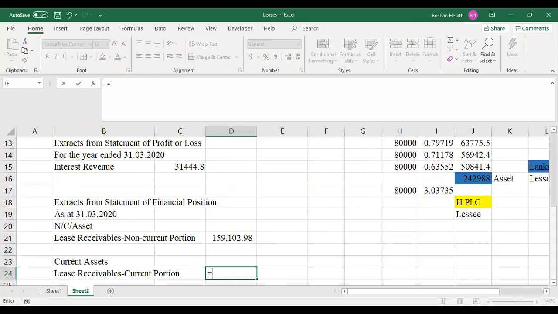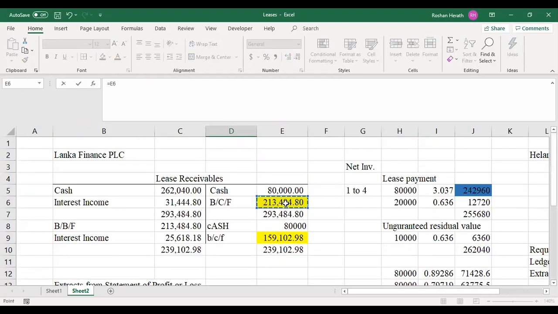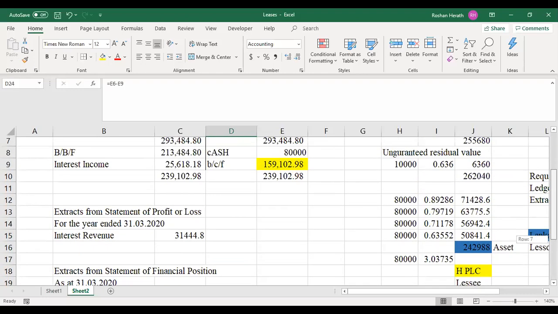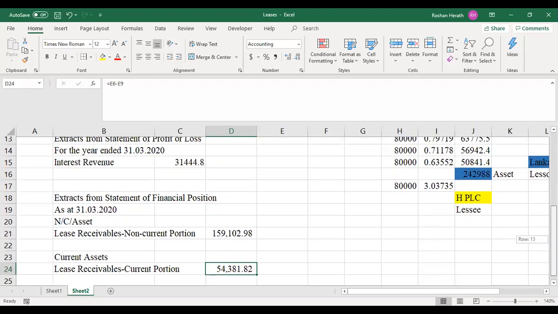The lease receivable at the end of the first year is this much, 213,484.80, and thereby the current portion is 54,381, right? How do I get that?